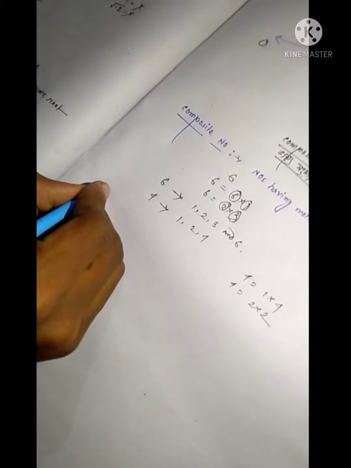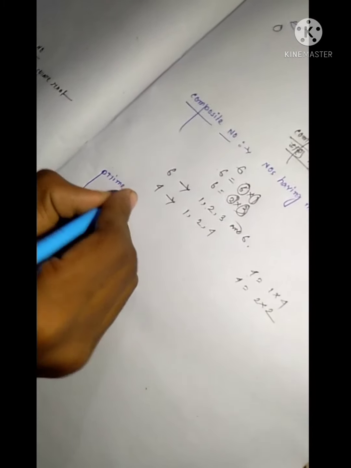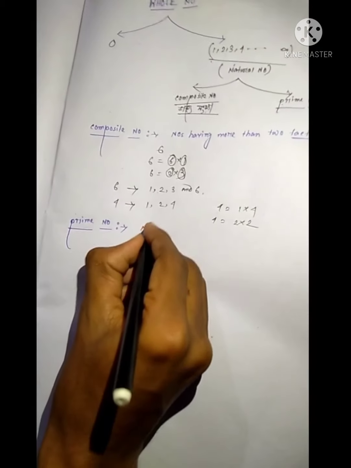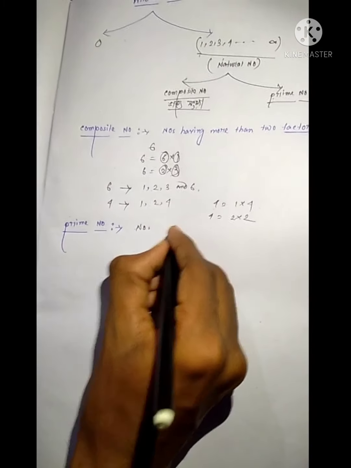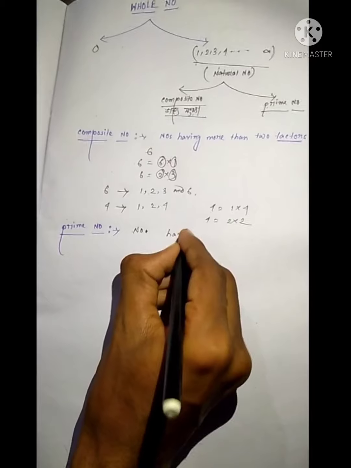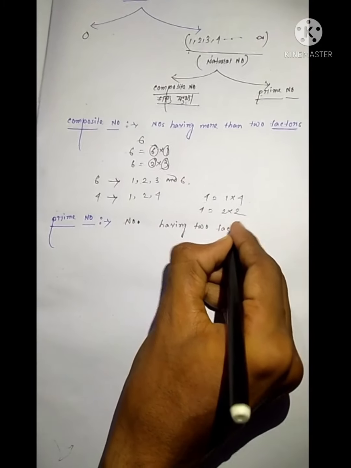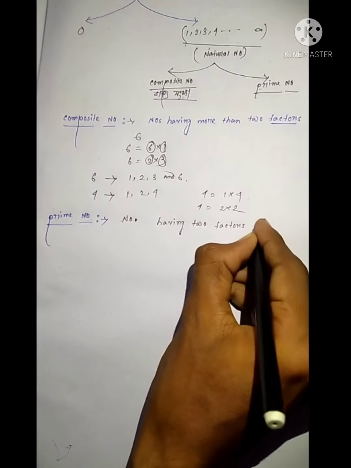Now prime number. What is prime number? Numbers having two factors only.